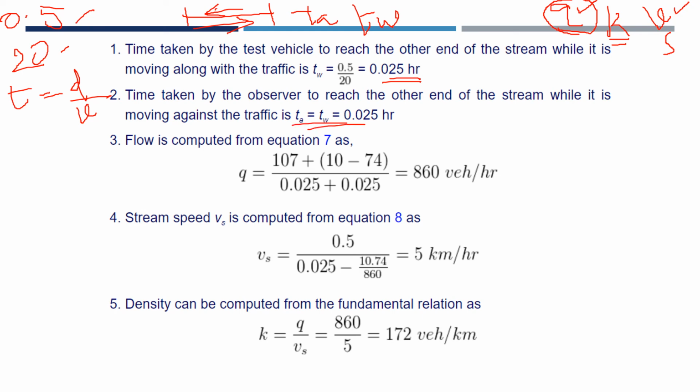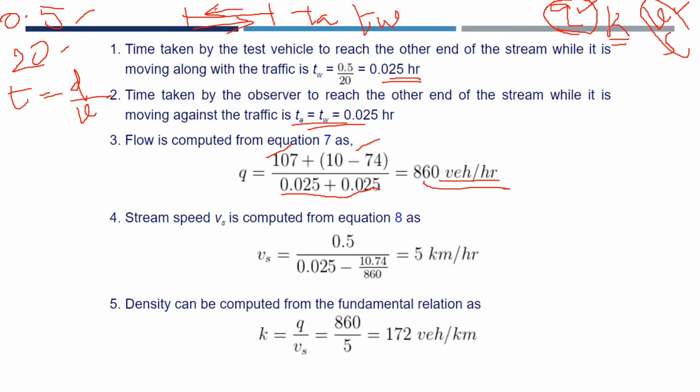So Ta, Tw. Now what you need is Na and Ny, which are already given in the question. Na is given as 107, and Ny is 10 minus 74, the number of vehicles overtaken and overtaking. You can calculate the flow, which is 860 vehicles per hour. So the first parameter we got is flow.